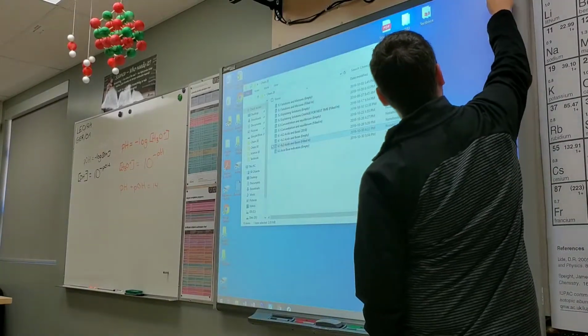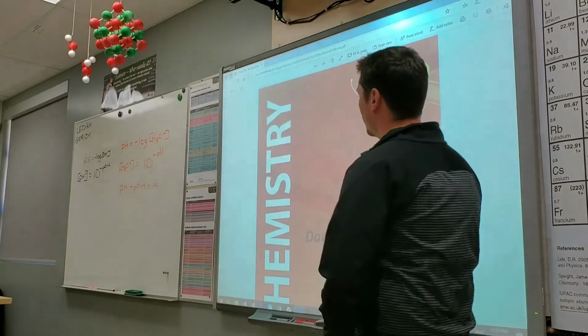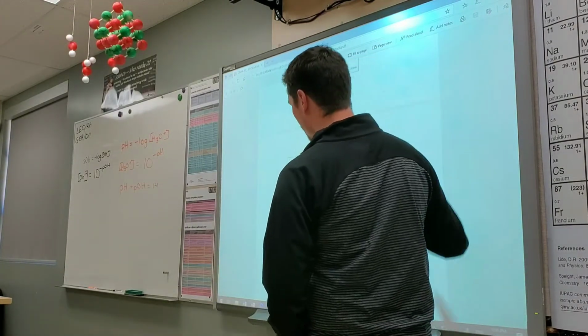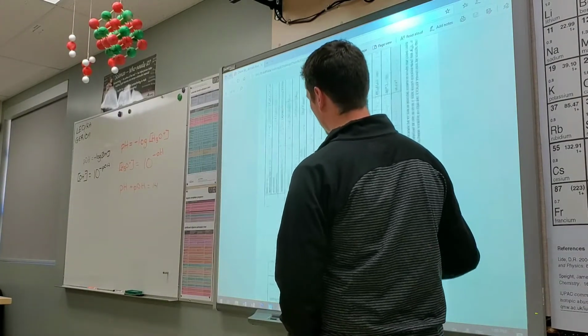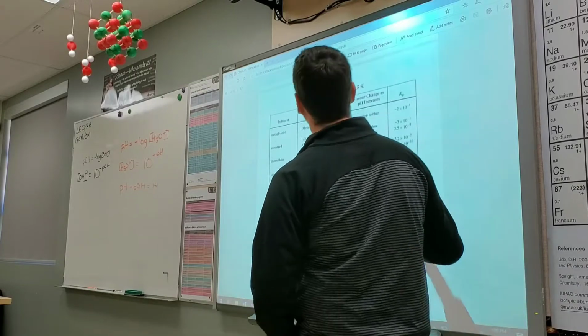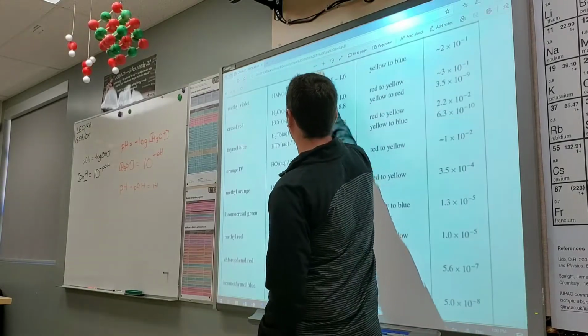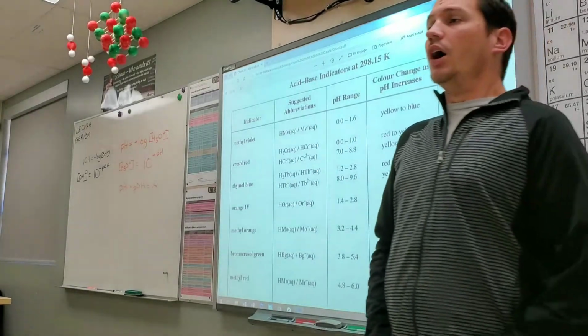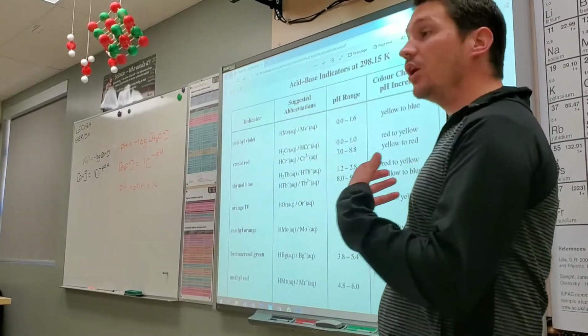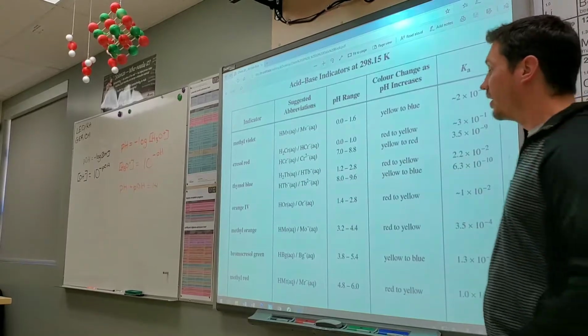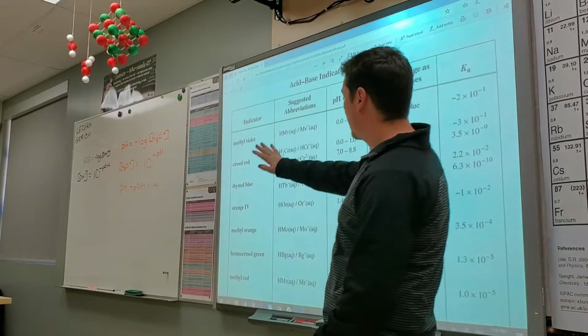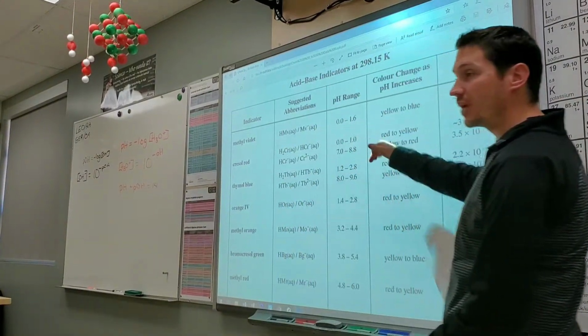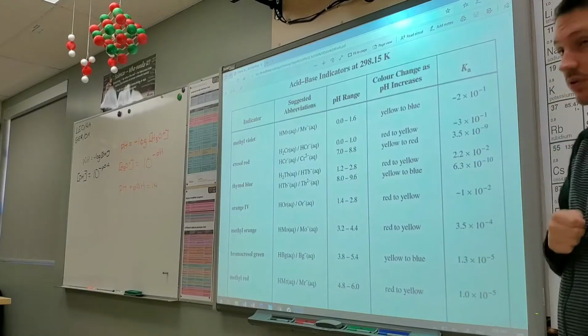So if we were to look at the Chemistry 2030 data booklet, page 10 is way at the back. We've got a list of a lot of indicators on here, and we've got a list of all of the pH ranges and what colors they will turn.